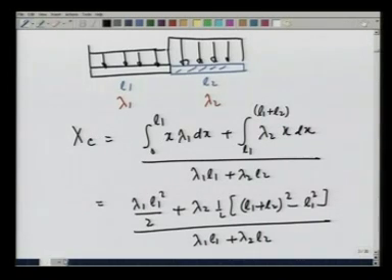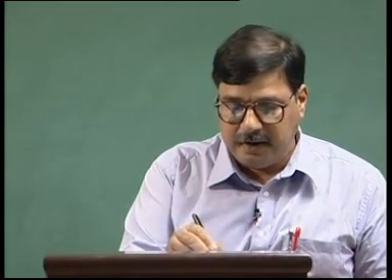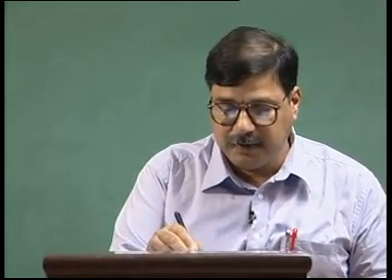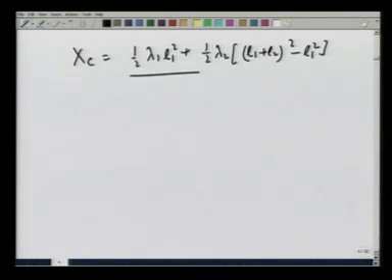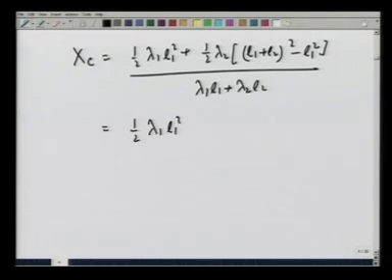You simplify this and you get x c, which we just calculated to be 1 half lambda 1 L1 square plus 1 half lambda 2 L1 plus L2 square minus L1 square over lambda 1 L1 plus lambda 2 L2, to be 1 half lambda 1 L1 square plus 1 half lambda 2.